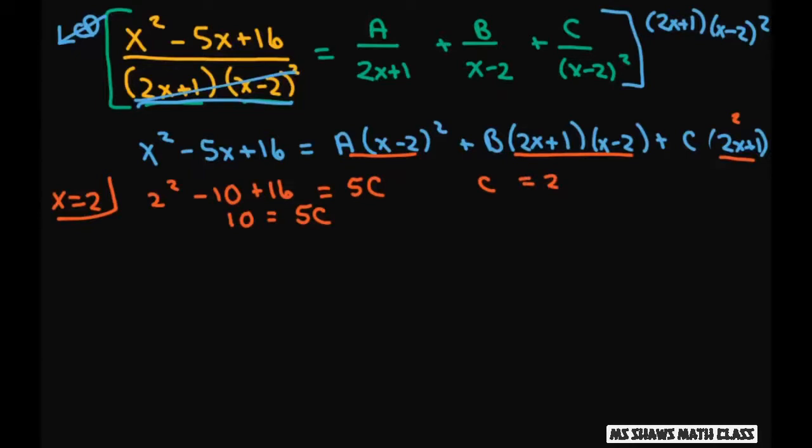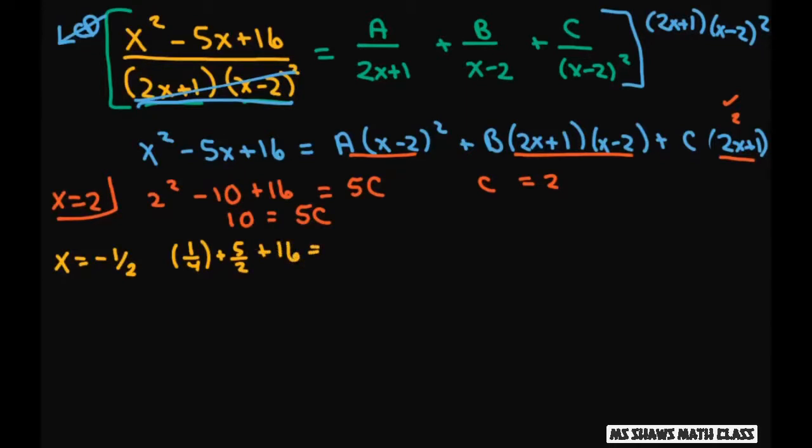Now, to eliminate this one, let's let x equal negative 1/2. And that's going to give us 1/4 plus 5/2 plus 16.